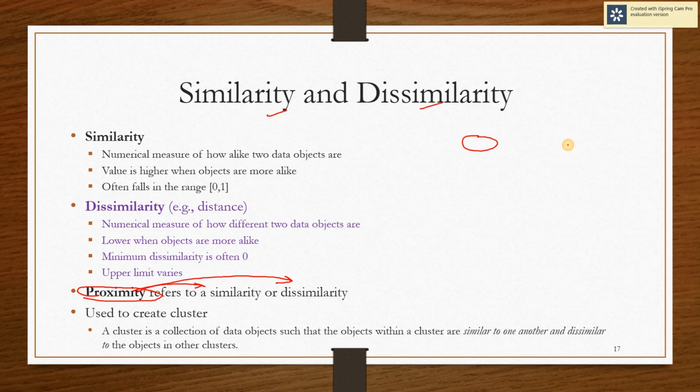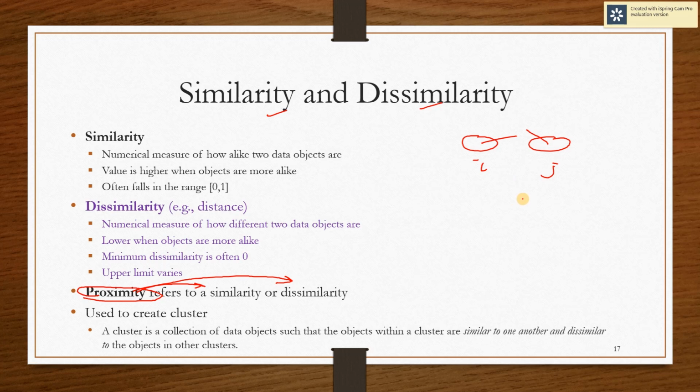So say we have two objects here, I and J. Please remember, these two objects mean each row in your data set. If we have those similarity measures, we want to see the similarity between these two objects.